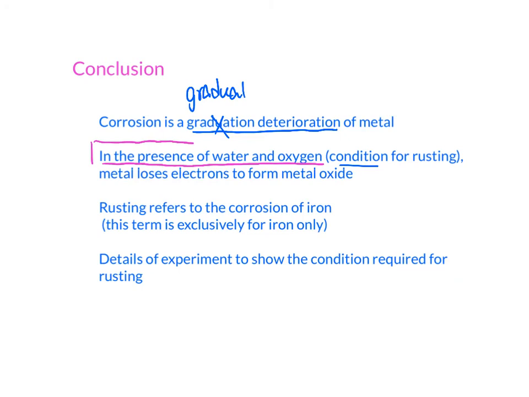Remember, when you talk about the condition for rusting, please include these 4 words, in the presence of. So, in the presence of water and oxygen. Try to say oxygen. I don't prefer you to write air, because oxygen is more precise. The metal is reacting with the oxygen.